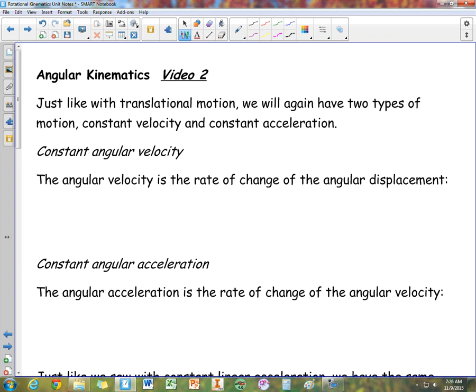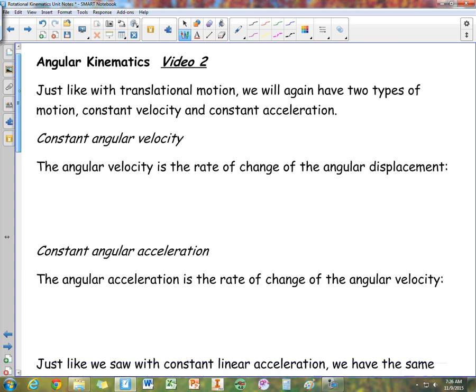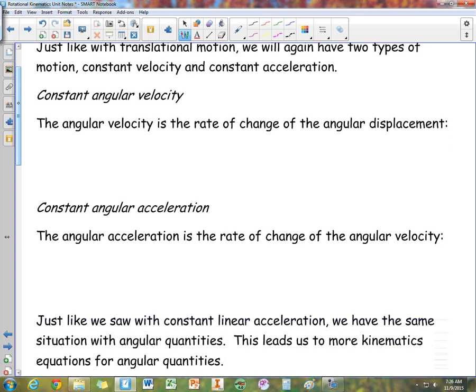So once again, let's start with the constant angular velocity. The angular velocity is the rate of change of the angular displacement. What we use to represent angular velocity is this symbol. It's not a W, it's called omega, specifically the lowercase omega.